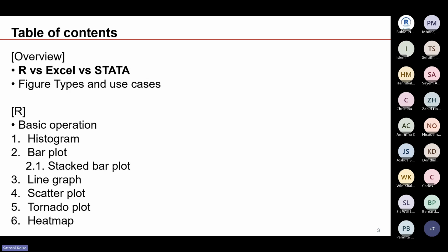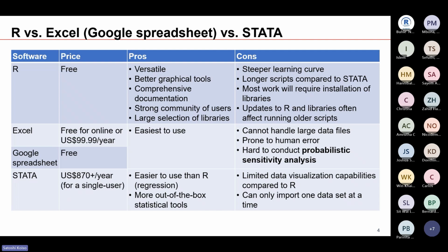Okay, let's go to the difference between R, Excel, and Stata. I think it's already been presented, but R is basically free, and there are a lot of advantages. It's versatile, and it has better graphical tools.